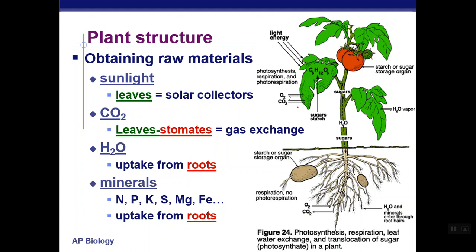Quick review from freshman bio, some structure. Remember, photosynthesis happens in the leaves. Right? Those are the solar panels of the plant. The leaves have little gates, these openings called stomata that open and close to let CO2 in and oxygen out for gas exchange. Remember, glucose is just CHO.